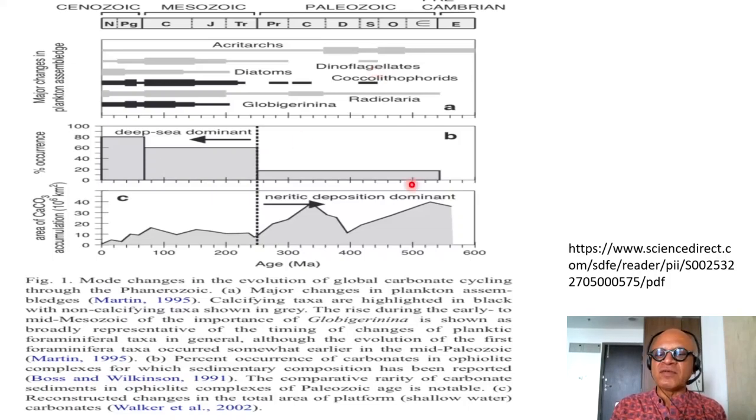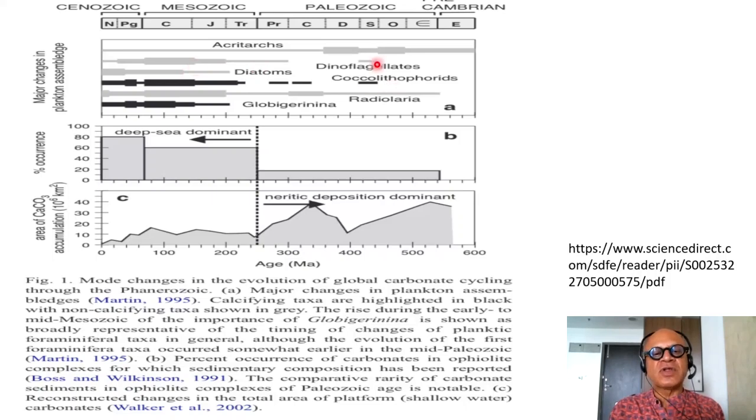This is a figure from a paper talking about the Mesozoic carbonate factory. So we are going here from 600 million years ago to the Cambrian, which started 540 million years ago, through the Paleozoic into Mesozoic and Cenozoic. You can see the non-calcium-carbonate-forming phytoplankton are shown here: dinoflagellates, acritarchs, diatoms, which have silica shells.